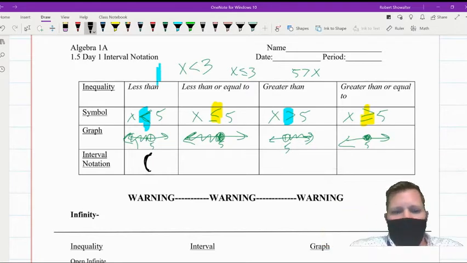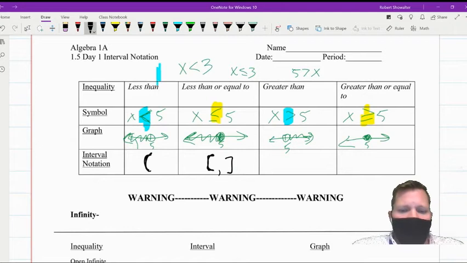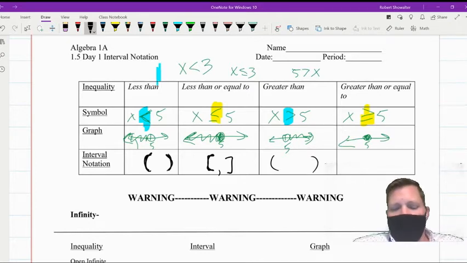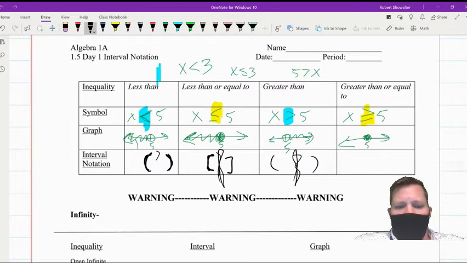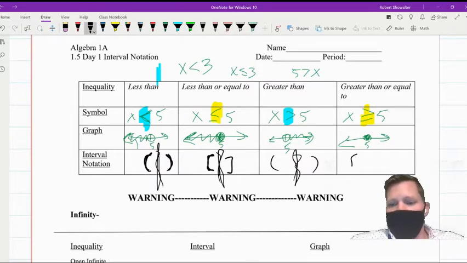And if we have the equal to part, we're going to represent it using a bracket. If it does not have the equal sign, we use a parenthesis, and if it does have the equal sign, we use a bracket. Keep that in mind.